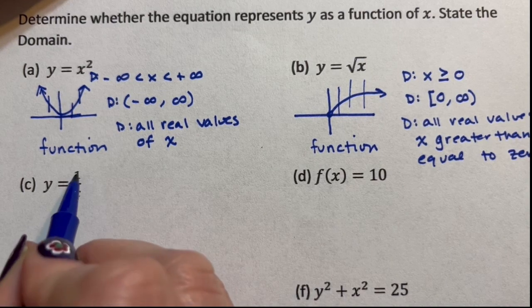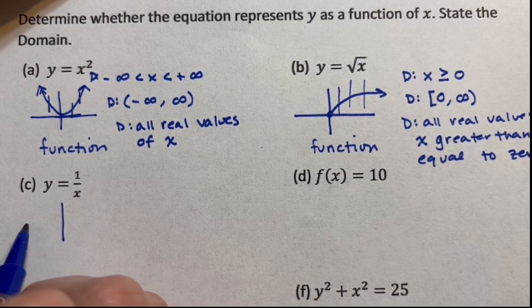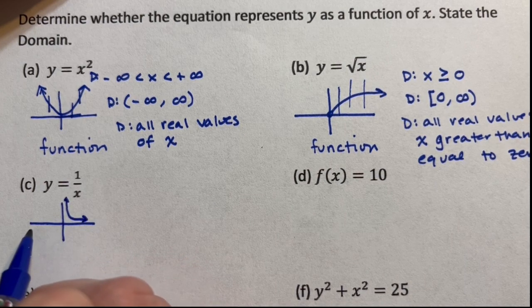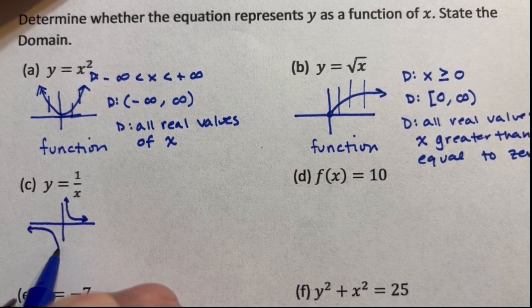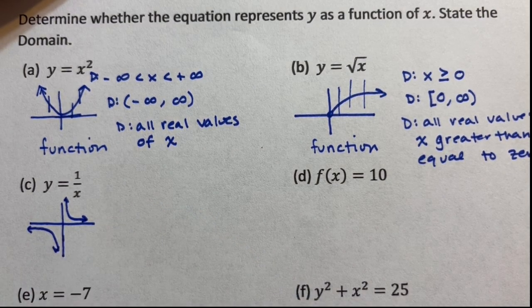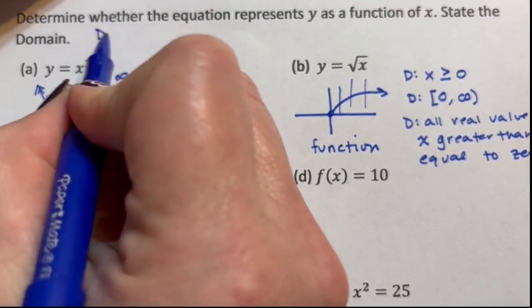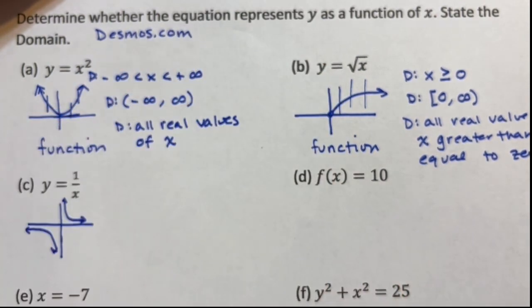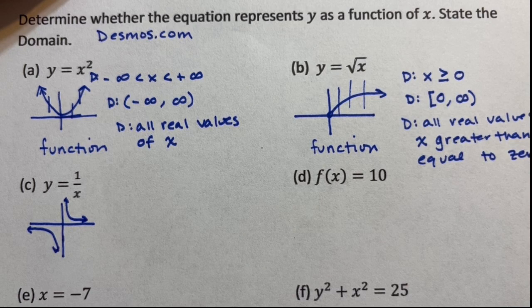The graph of 1 over x, this is a rational, looks like this. If you have a graphing calculator, you can check it out, or you can go to Desmos.com. It's a great free graphing utility online, and you can look at all of these graphs and see what it looks like.